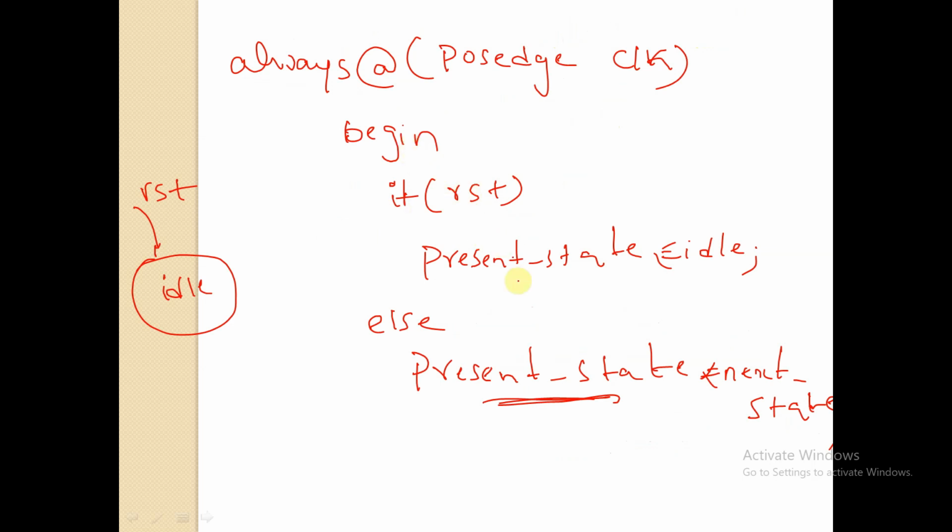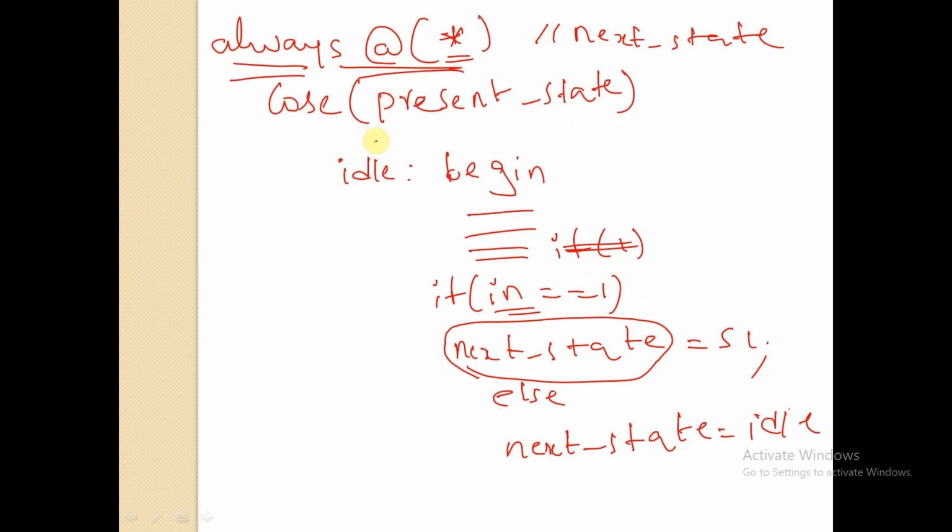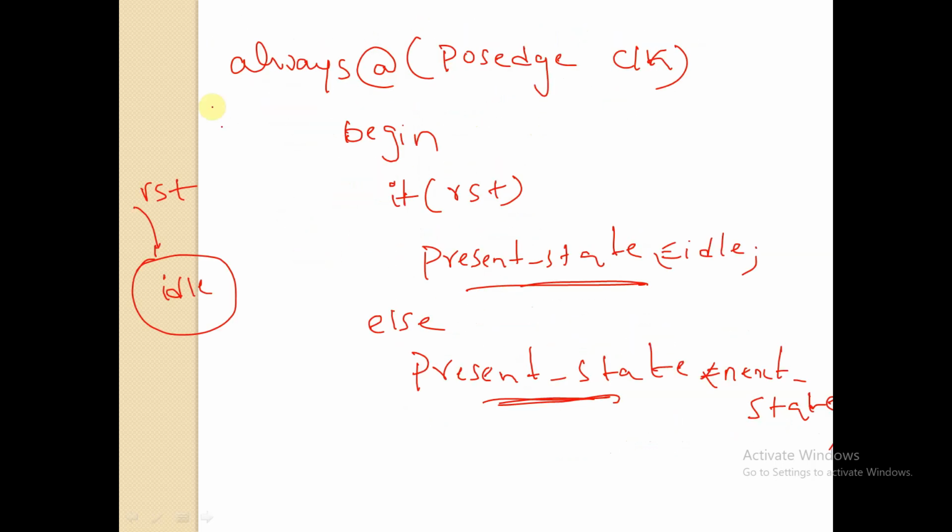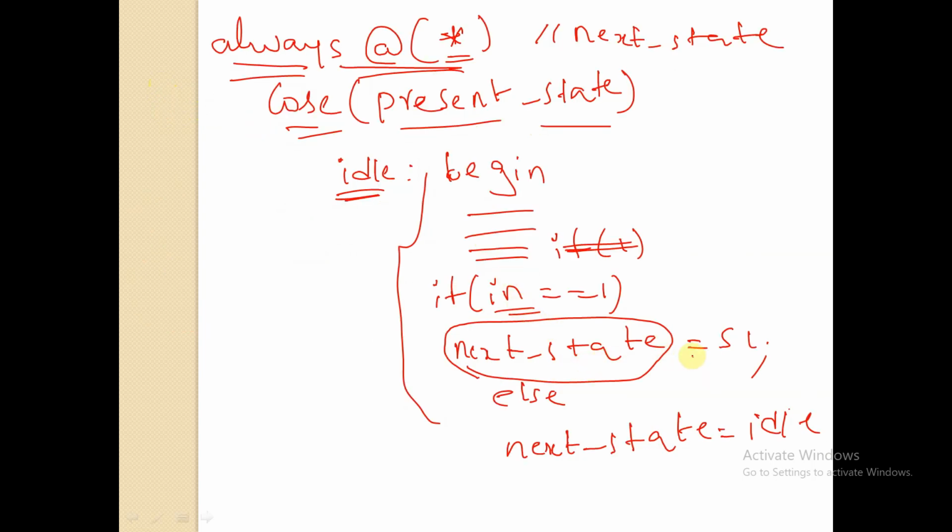So if reset, we will get into idle state. At the same time, the case statement will also begin. If we are in idle state, it will start to analyze, it will start this block. And if the input is given to this block, if the input is equal to 1, then next state is equal to S1, so next state will store the value of S1.